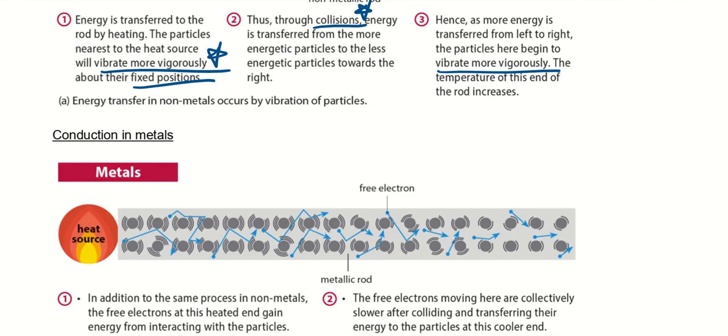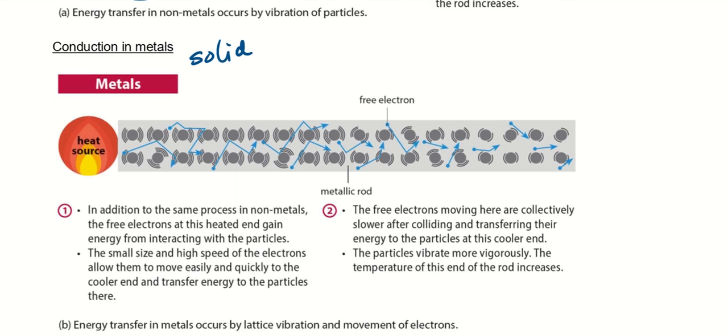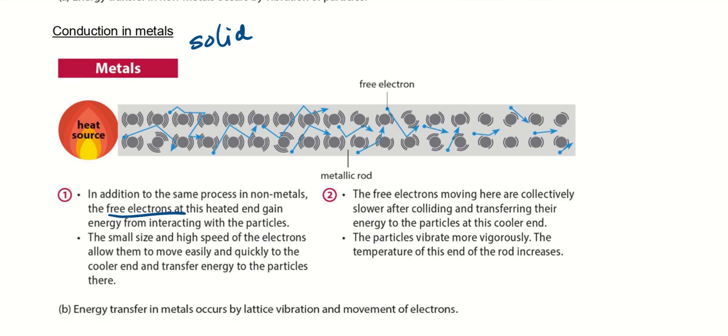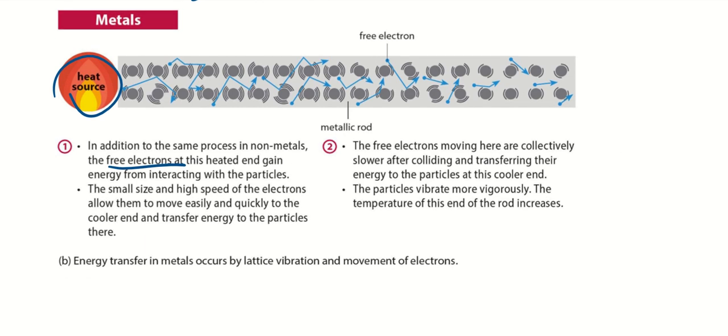Now for conduction in metals, this is also solid. So besides the vibration of the particles, as you know in chemistry, metals actually have free electrons, right? So in addition to the same process in non-metals, you need to mention free electrons over here. So when the heat source is applied over here, electrons also increase in their kinetic energy, and therefore they will move more quickly towards the cooler end.